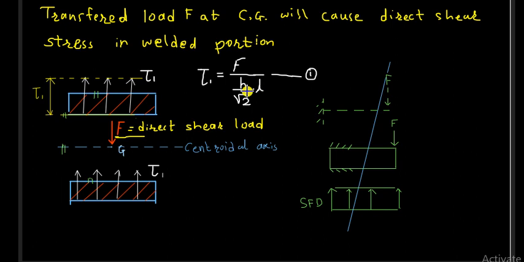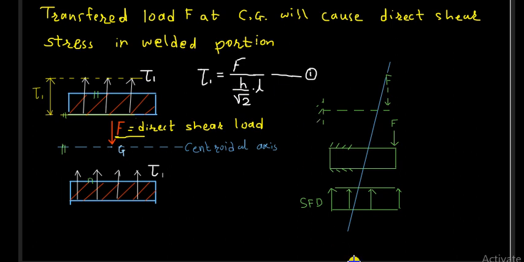We know that it is HL by root 2. This is the direct shear load F, which we have transferred from eccentricity E to the CG of the complete weld system, and this is the centroidal axis of the complete weld system. Now we have got this tau 1, that is the direct shear stress.